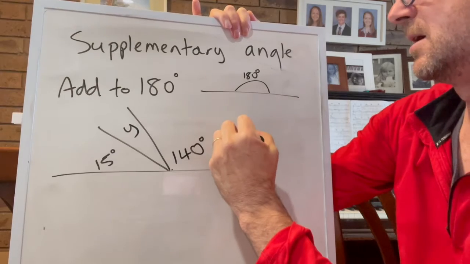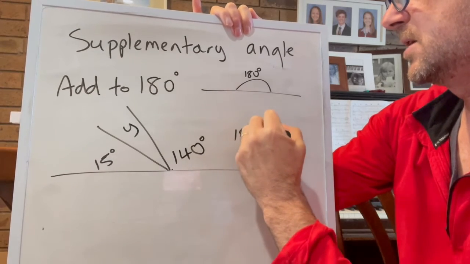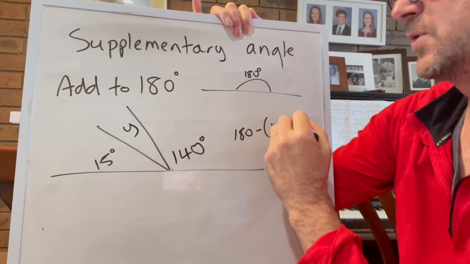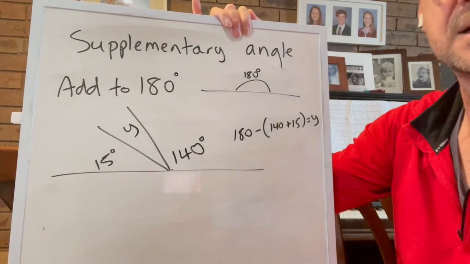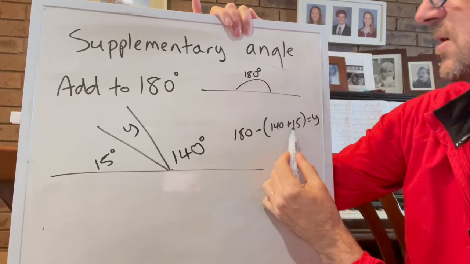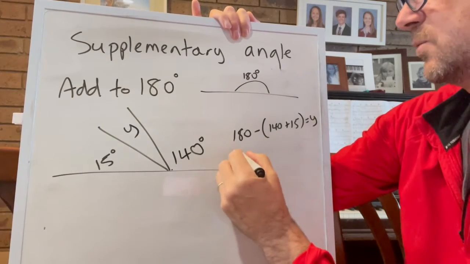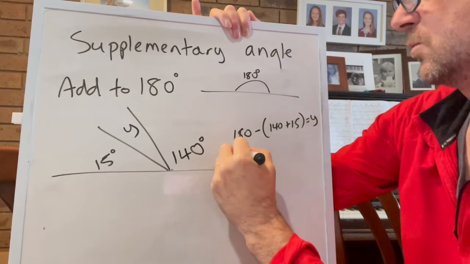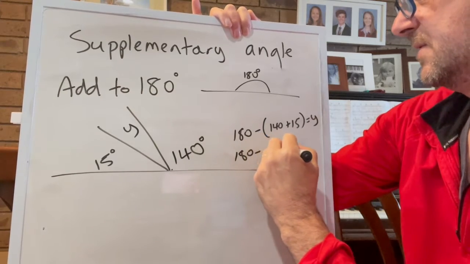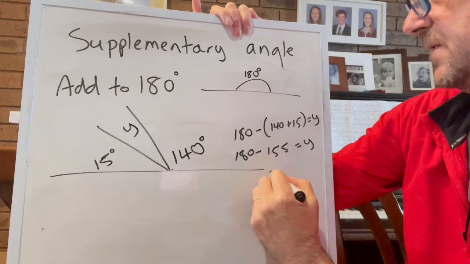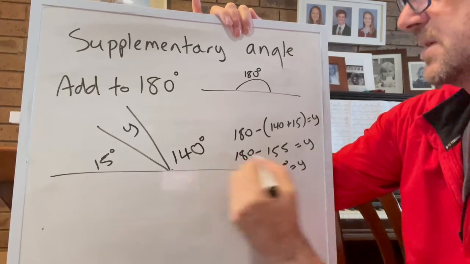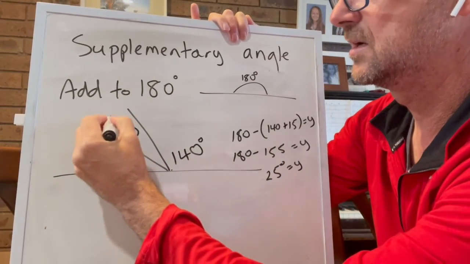So it'll be 180 take away 140 plus 15 is going to equal y. So 140 plus 15 would be 155. 180 take 155, okay, equals y. And that's going to leave you with 25 degrees equals y.